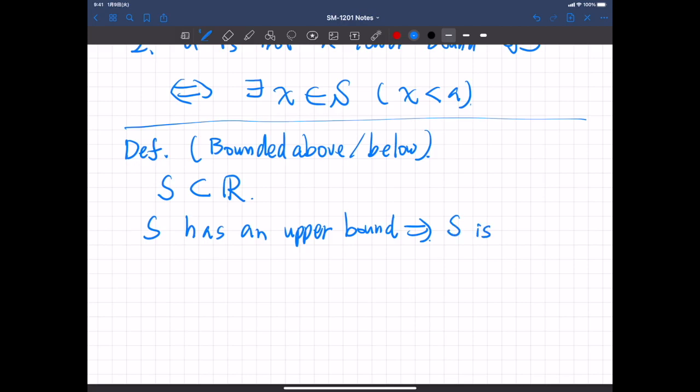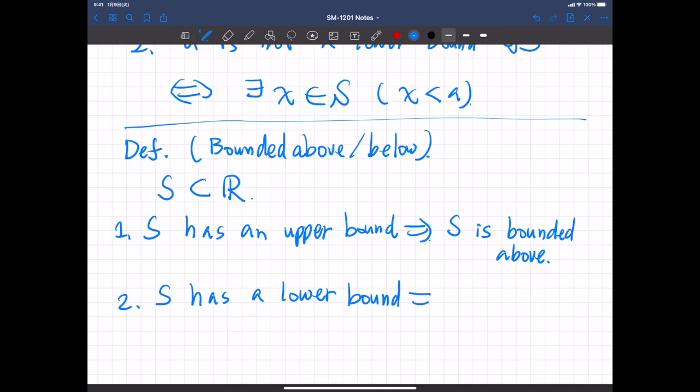We say S is bounded above. Okay, so let's say this is 1 and 2. If S has a lower bound, we say S is bounded below.